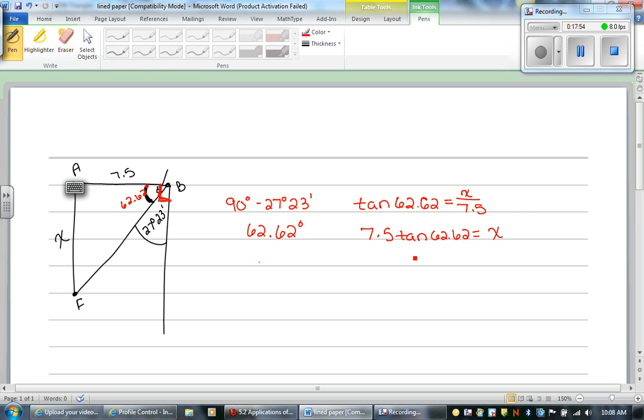And we get approximately 14.5, and our units in this case are miles. Okay, so firefighter A is approximately 14.5 miles from the fire.